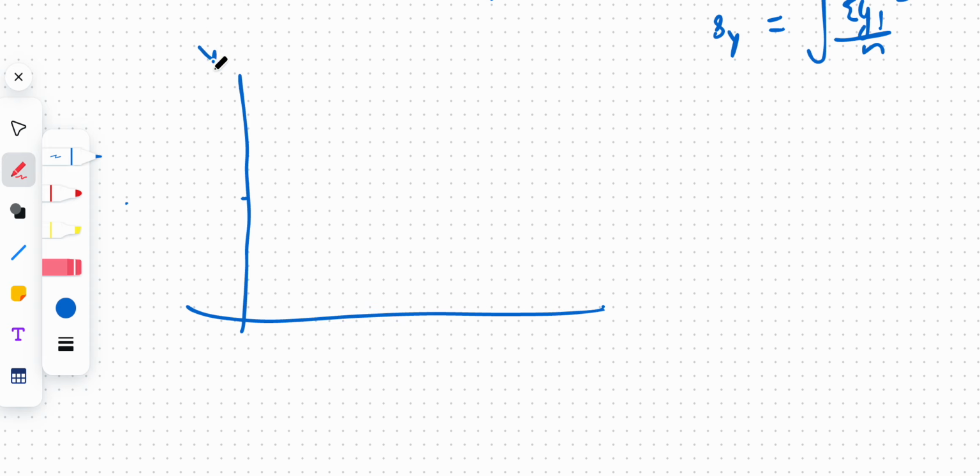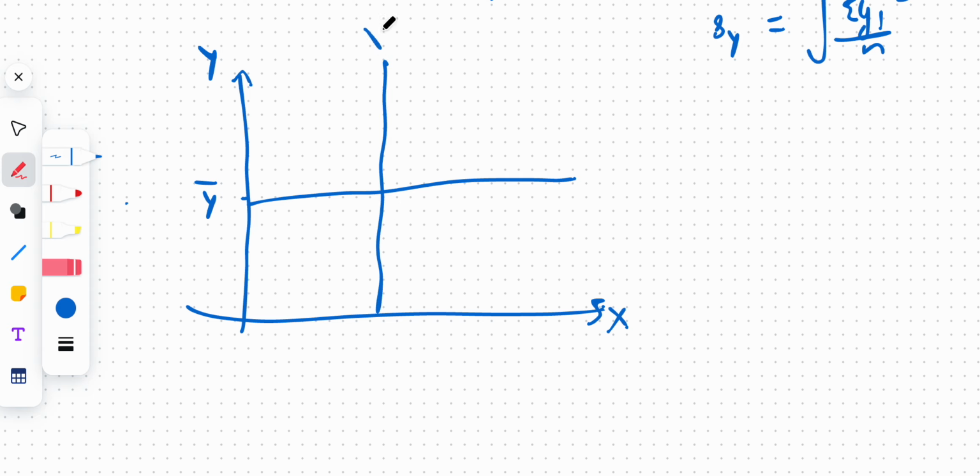So if this is my y and this is my x, and this goes my y bar and this goes my x bar, and this is my line AB, this line forms an angle theta with my x bar line.